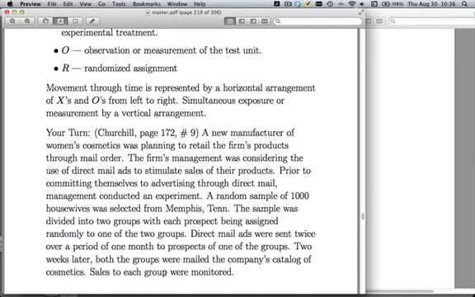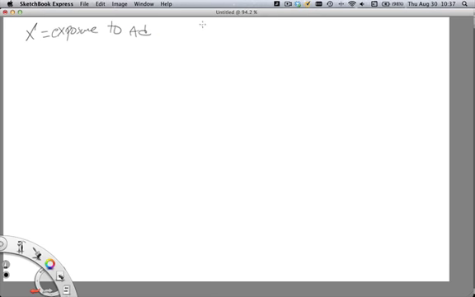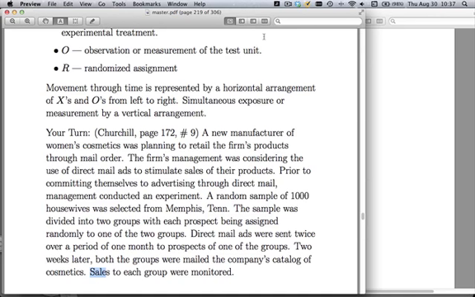Now what is the Y? Well, the Y is going to be sales. Now let's diagram the experiment. So when you diagram an experiment, you want to first ask yourself, is there a control group or is there just one group?